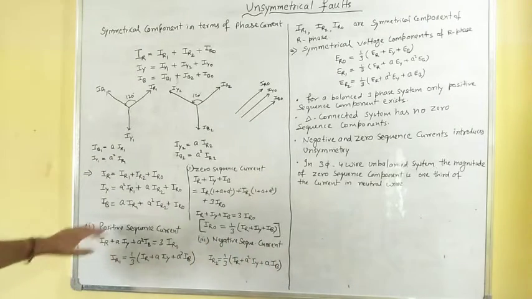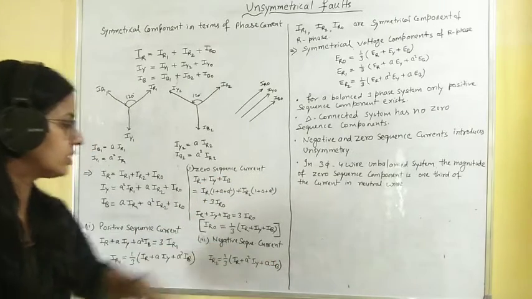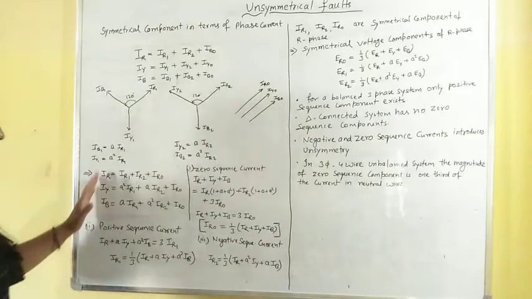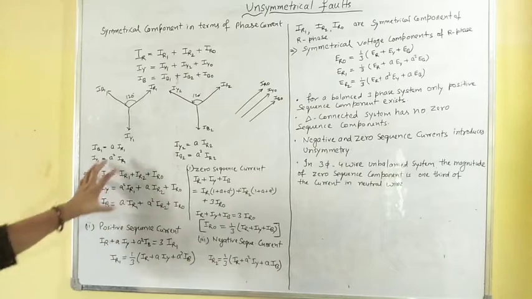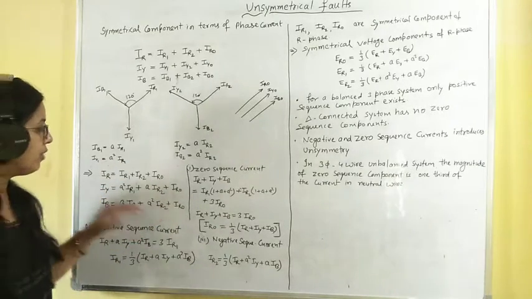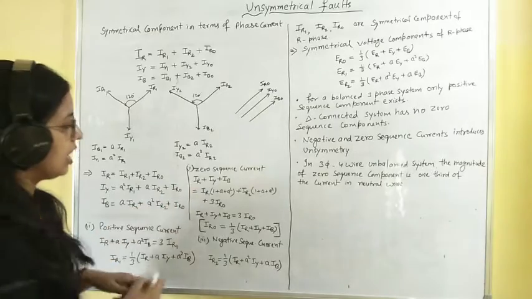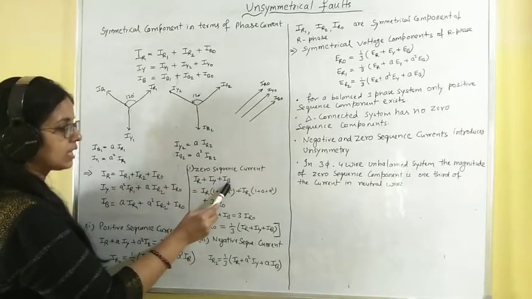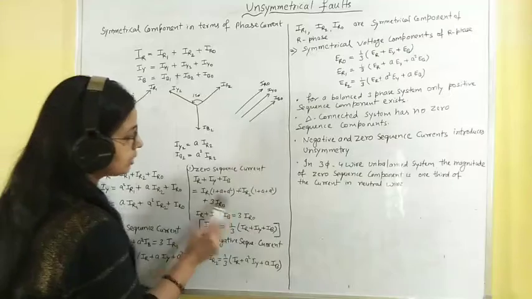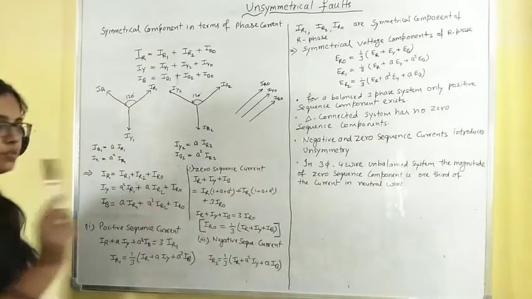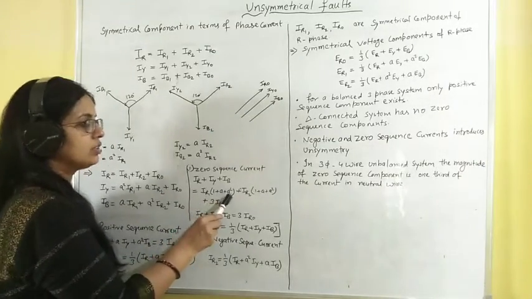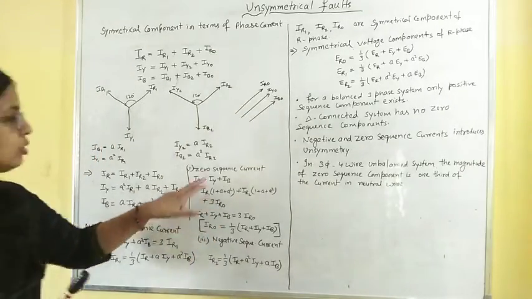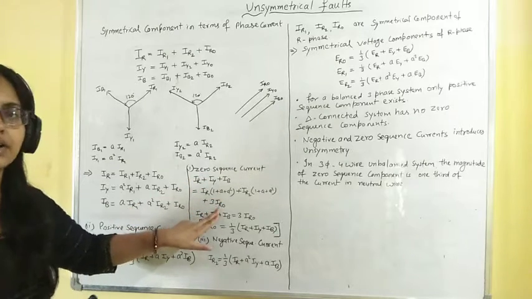So when we calculate the zero sequence current, positive sequence current and negative sequence current, we calculate these currents by simplifying these equations. When we add these equations, IR plus IY plus IB, we will get this term as 0, because as we studied in the previous class, 1 plus A plus A square is always 0. So this term will be 3 IR0.